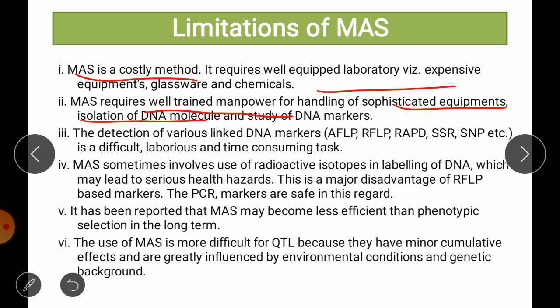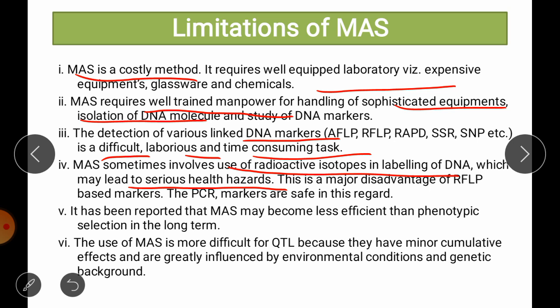Then detection of various linked markers is a difficult, laborious and time consuming task. Scoring and making correlation of RFLP or other marker products is a little bit difficult, laborious and time consuming job. It also sometimes involves use of radioactive isotopes in labeling of DNA, which may lead to serious health hazard.